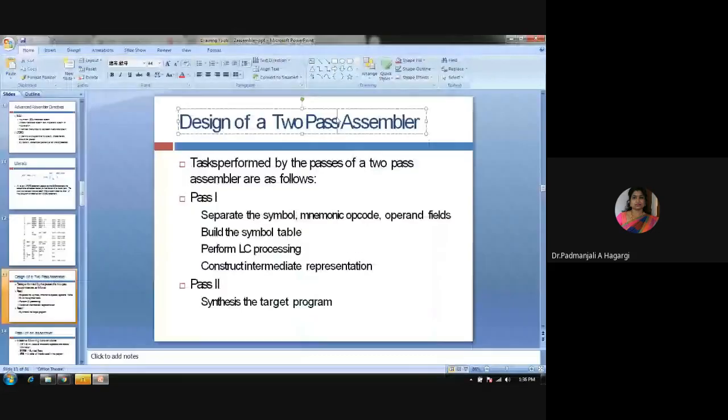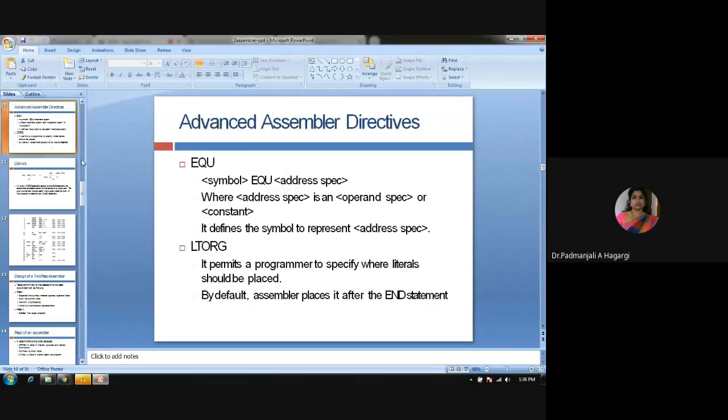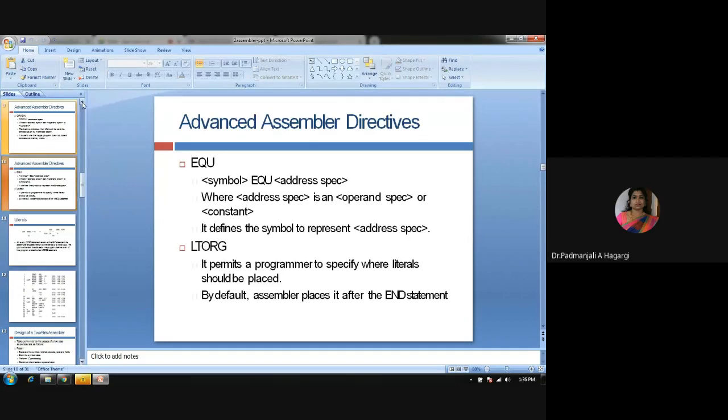Fine. I was saying that we are doing a revision. In assemblers, how do pass one and pass two happen? It is very important to know. In pass one, analysis happens, and in pass two, the output of the analysis and the synthesis happen.